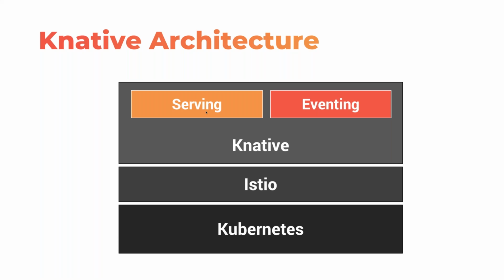So Knative comes with a bunch of CRDs, and these CRDs are abstracting the underlying capabilities of Kubernetes so that developers can focus on creating a service rather than dealing with a bunch of YAML files that represent a pod, a deployment, a service, a config map, a secret, a persistent volume claim, all of that.